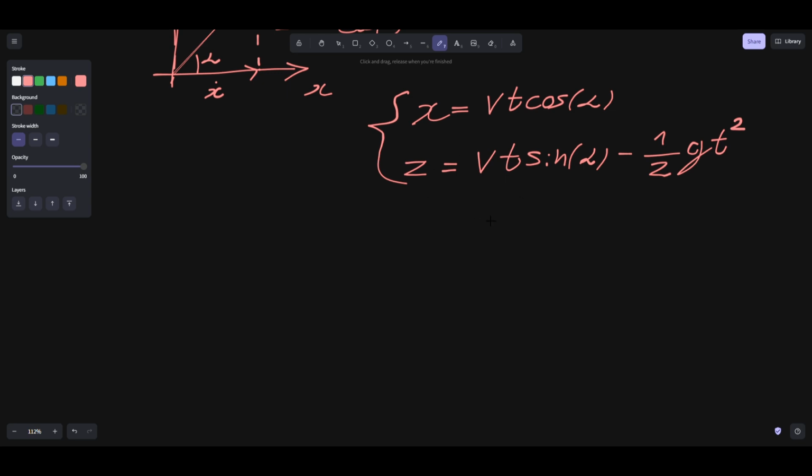As a result, we take this equation and we set z to 0. 0 equals vt sin alpha minus a half gt squared.